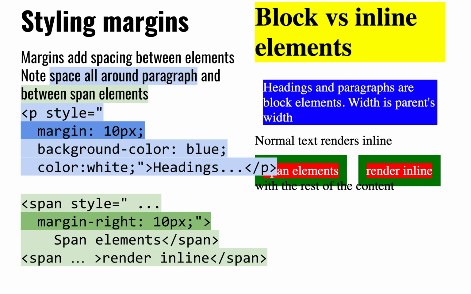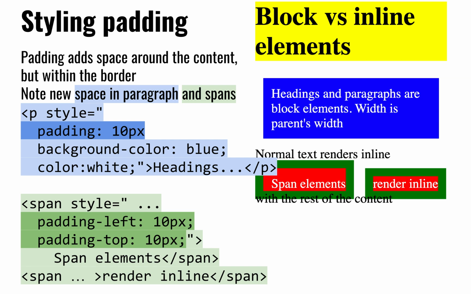Make sense? So how about padding? If you remember, padding is white space within the content, I'm sorry, within the border. So you have the border, and you can have white space inside of the border and push the content and make it smaller. In this case, notice the difference between the blue paragraph with no padding, and now this one with padding. See that? There's some white space in between the border and the actual content. So padding again is an abbreviated version. If you only give it 10 pixels, it says that all 4 paddings, top, bottom, left, right, are all 10 pixels.